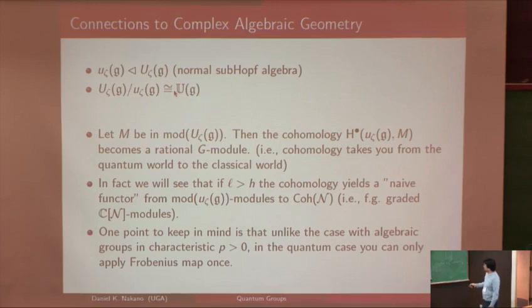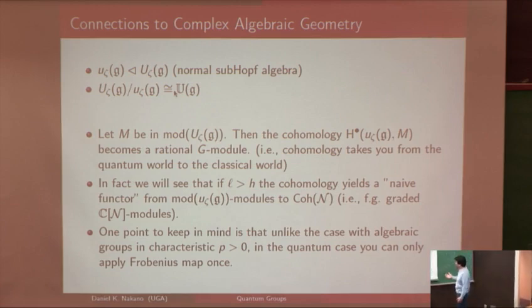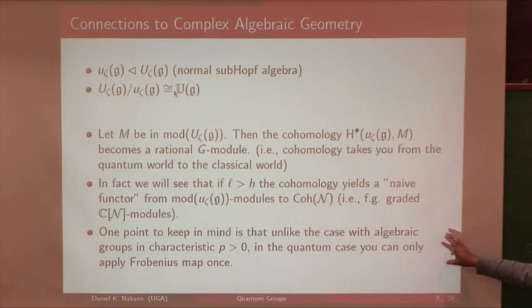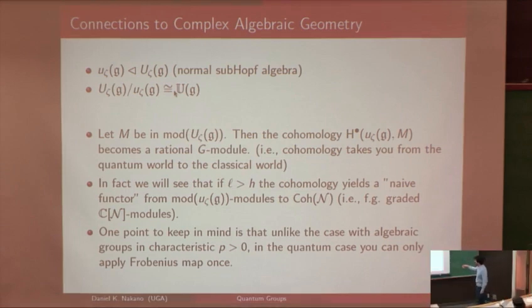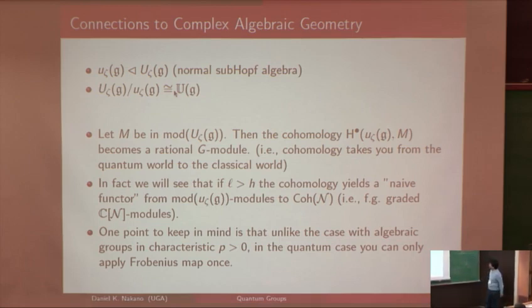So whenever you're talking about characteristic zero quantum groups, you can only apply the Frobenius map once. It's not like an algebraic group in characteristic p, where you can iterate the Frobenius map over and over again. Once you apply the Frobenius map once, you're in the world of ordinary semi-simple Lie algebra theory.